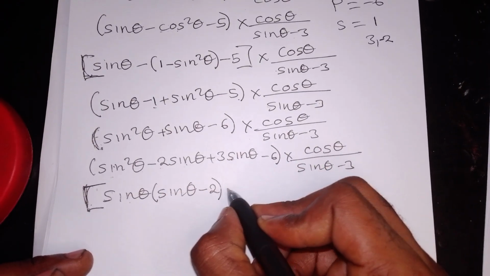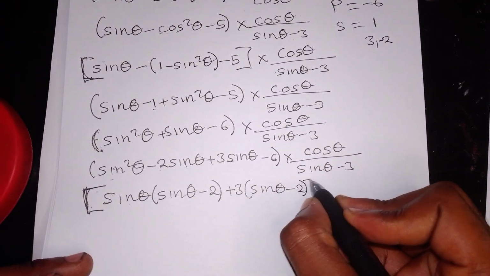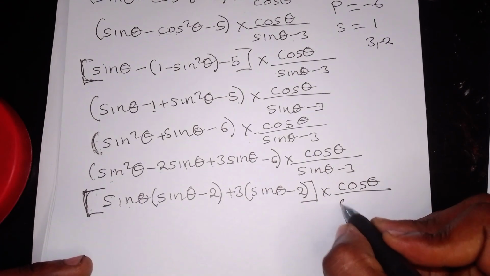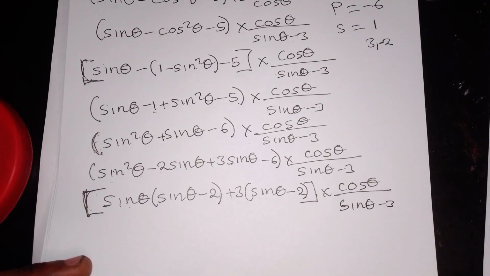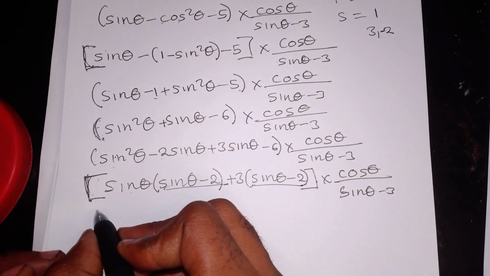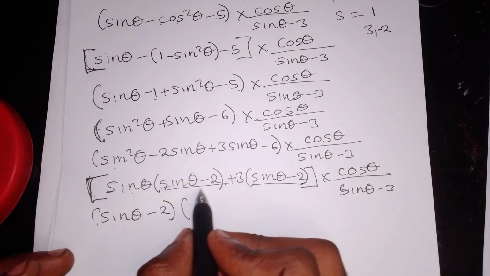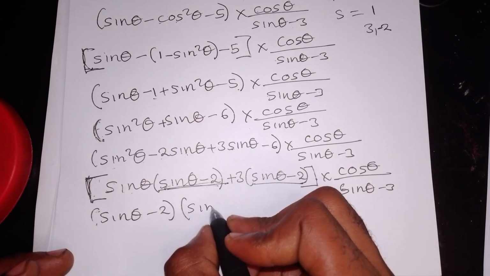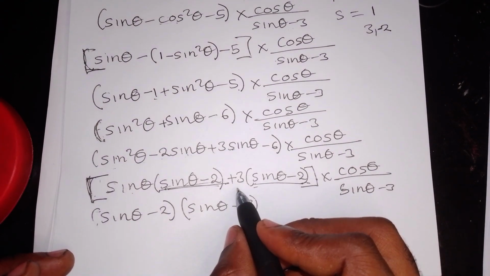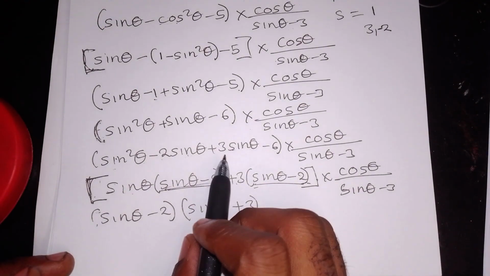Then this side I can factor out a 3. So this will be sine theta minus 2, yeah, multiplied by cos theta over sine theta minus 3. And then now this part is common, so we can factor it out as well. So I have sine theta minus 2, and then when you factor this one out, you remain with sine theta. You factor this one out, you remain with plus 3. Was this supposed to be a plus? I think there was a mistake somewhere.